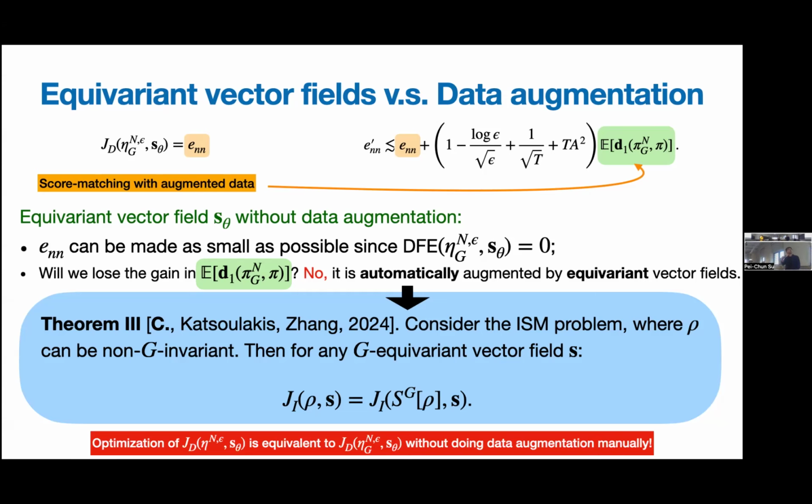But once you use equivariant vector fields or equivariant score approximation, it is equivalent to the optimization objective as if you do score matching with its augmented version. So you do not do the augmentation in advance, but once you apply the equivariant score, you automatically get the result of the score matching with its augmented version. Does it make sense?